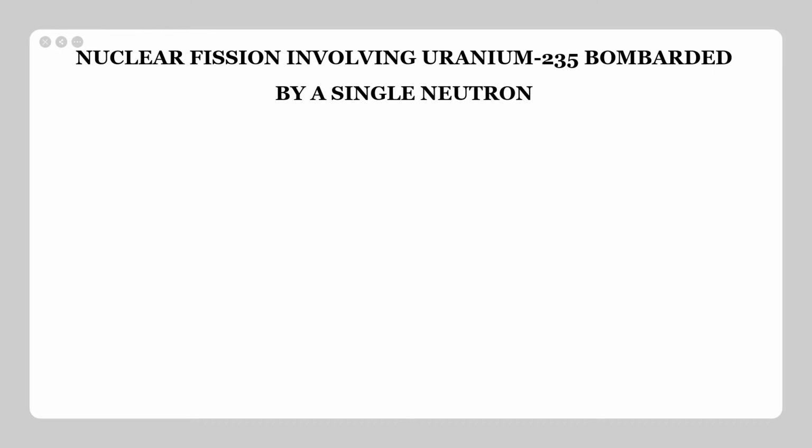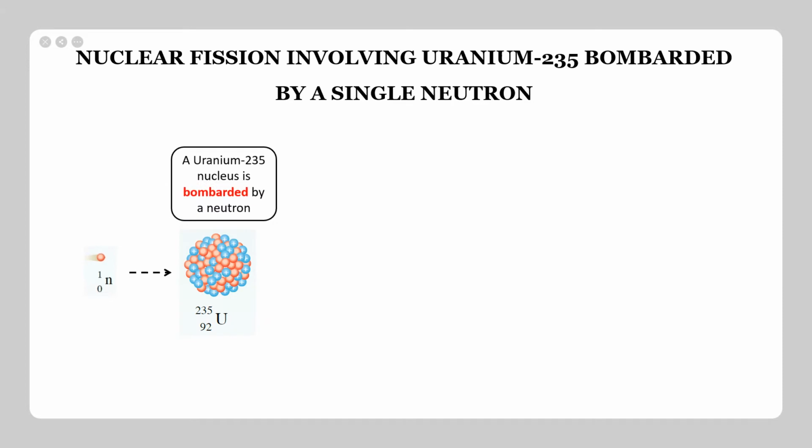Now, let's see what will happen in nuclear fission involving uranium-235 bombarded by a single neutron. Let's say we have a uranium and a neutron here. Then, a uranium-235 nucleus is bombarded by a neutron. This is uranium-236, which is the unstable nucleus.